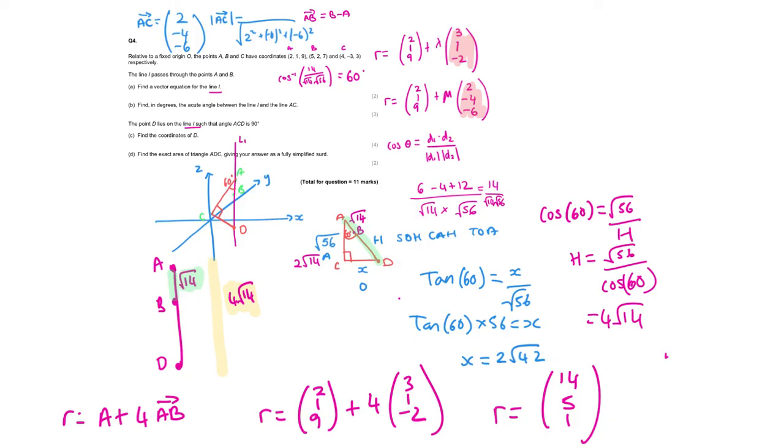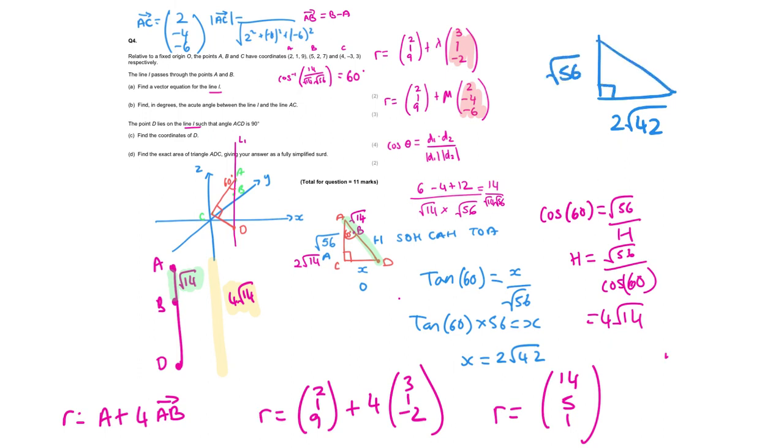Now it says find the exact area of the triangle ABCD. So it's half base times height, because it's a right angle. Remember, this was a right-angled triangle. Here, this is the right angle. We worked out that this is 2 root 42, and this was root 56.